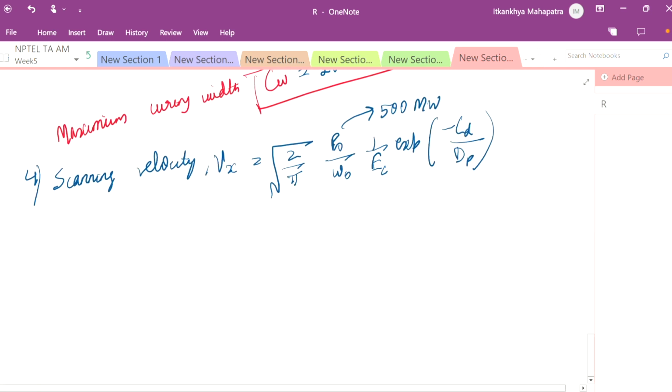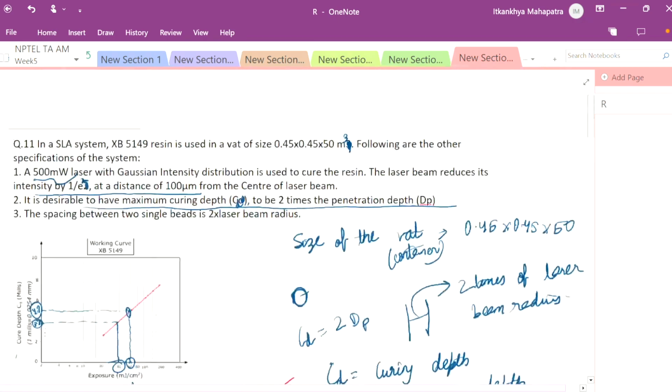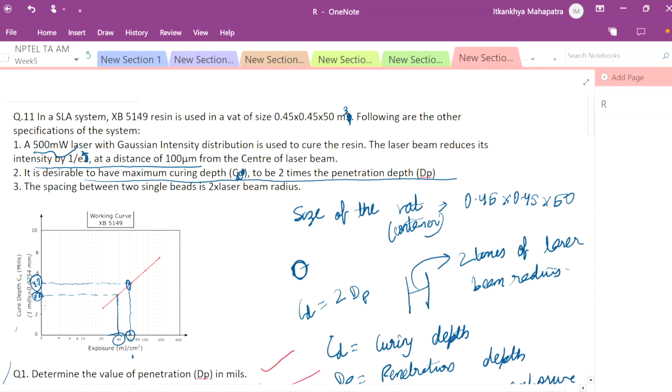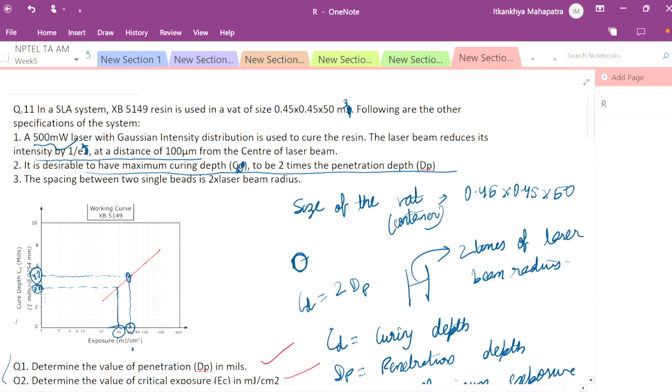Okay, so we will put all the values here: 2 by pi into 500 into 10 to the power minus 3, converting everything into watts.